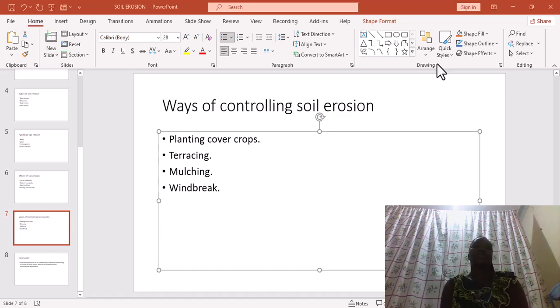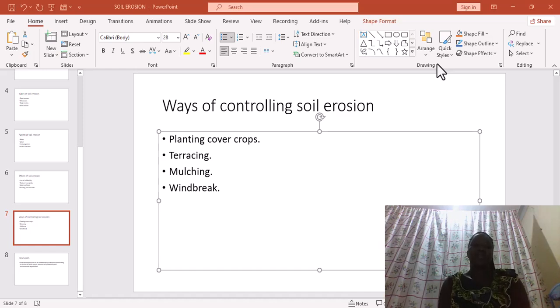Mulching involves the covering of the topsoil with dry grasses, and these grasses help to reduce the speed of runoff water, and it also increases infiltration of water, penetration of water into the soil, since the speed of water will be reduced, meaning that water can easily penetrate through the soil layers.